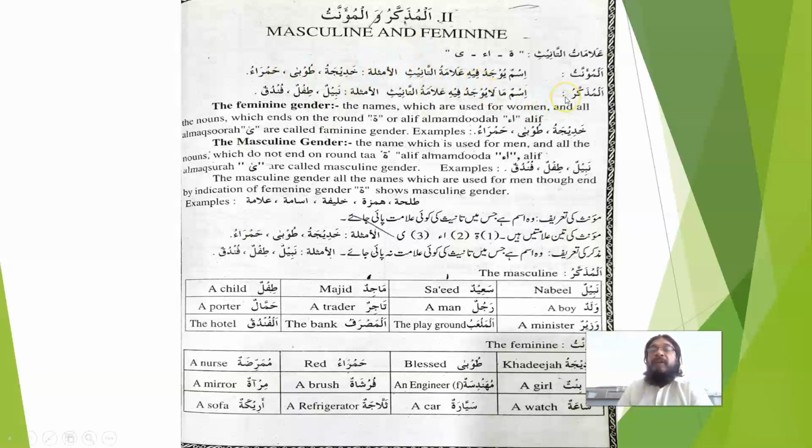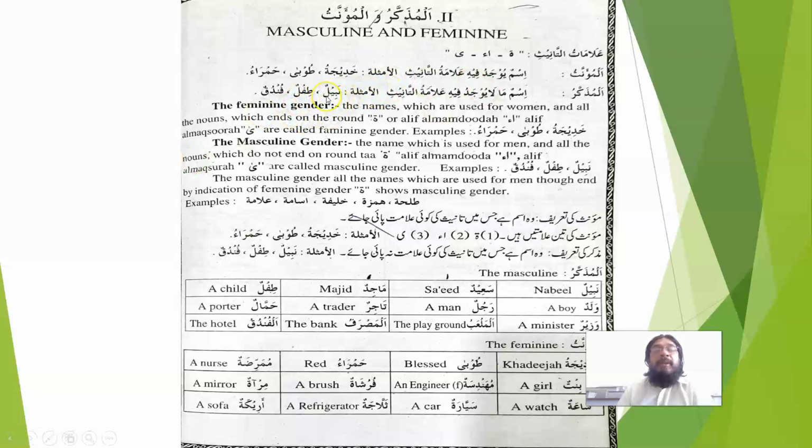Then after that, al-mudhakkar. What is the definition of mudhakkar? Masculine gender. Ismun ma la yujadu fihi alamatut tanith. Any noun which does not have the indications of feminine gender is considered as a masculine gender. Example is given here.